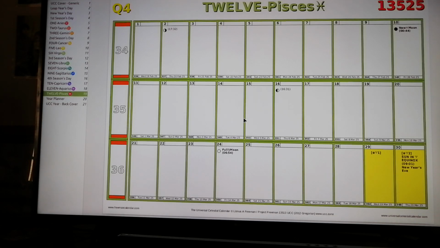Okay, and that's it. And then you can print this whole calendar off and put it on the wall, or you can print it off big and put it on the wall, or you can bind it up into a calendar to write on, which is what I do.